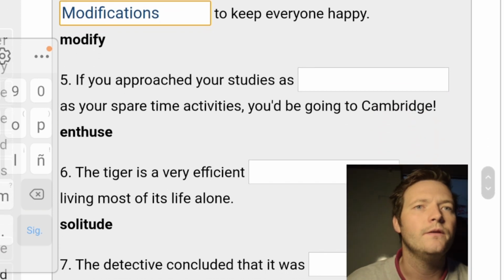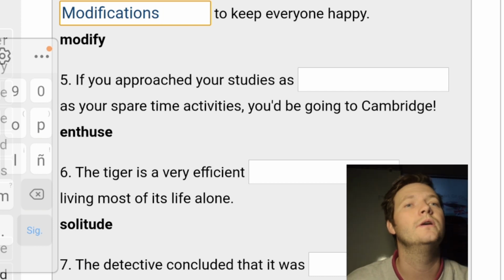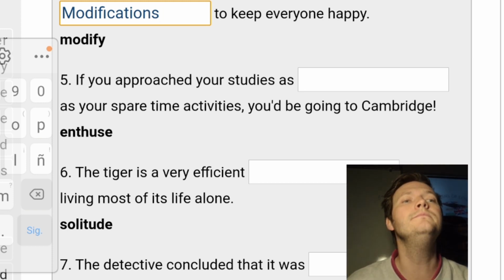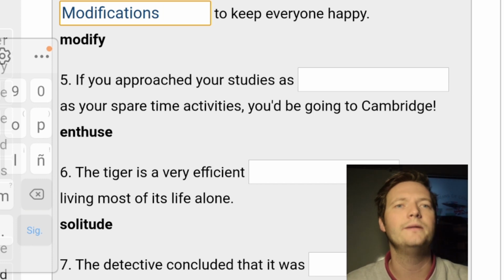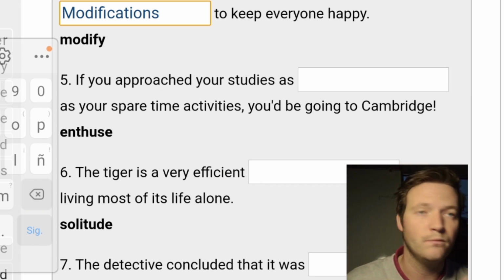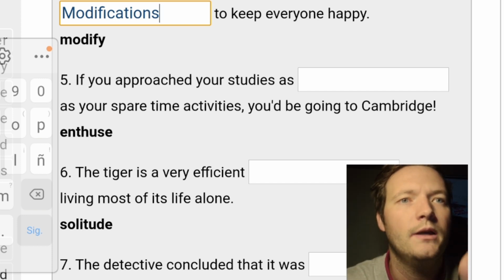If you approached your studies as enthusiastically as your spare time activities, you'd be going to Cambridge. Not necessarily true, but okay. I think we need an adverb. We're saying in what way this person approaches their studies and their spare time activities.